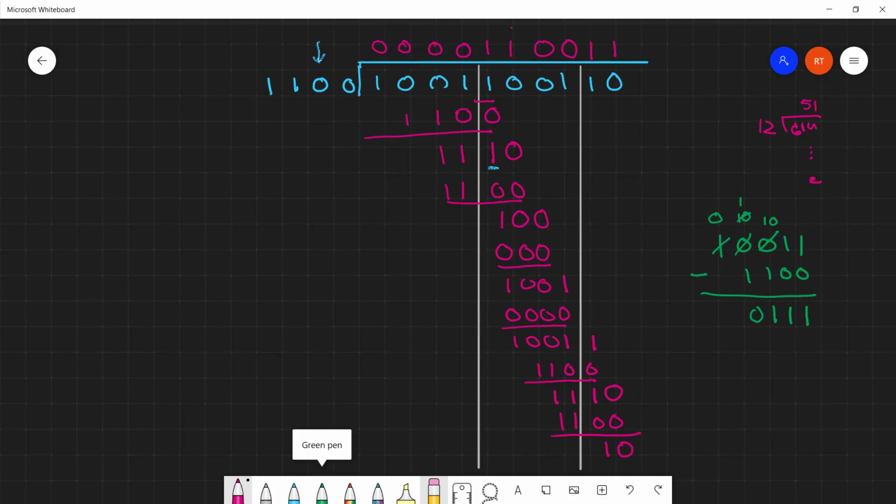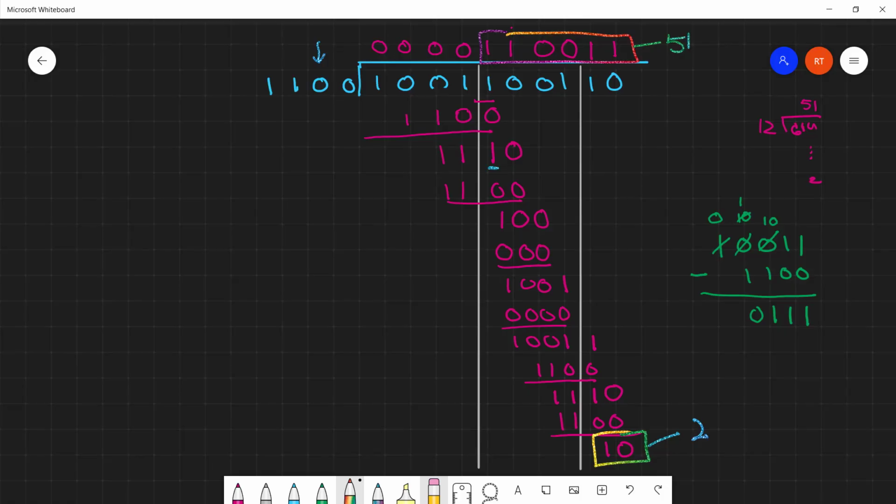The long division stops here because there are no more digits to bring down, and the result is smaller than the divisor. So looking at the work, we have a quotient of 110011 and a remainder of 10. That quotient is 51 in decimal, and the remainder is 2, which is what we were supposed to get.